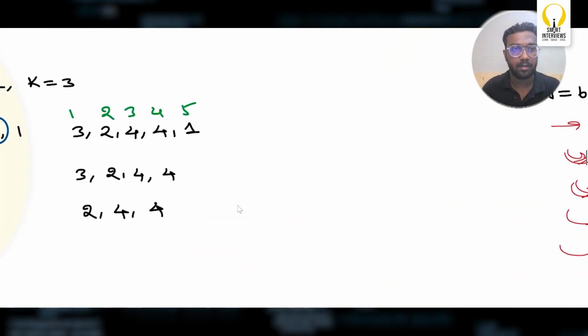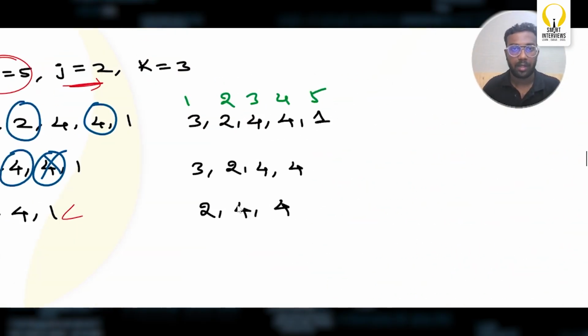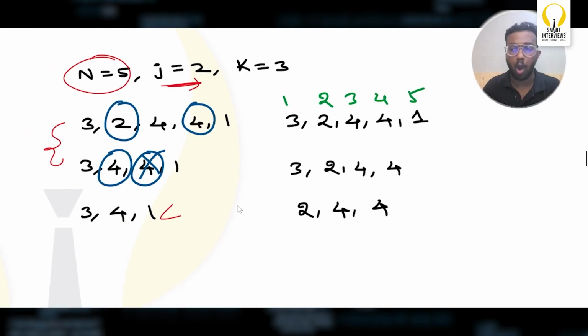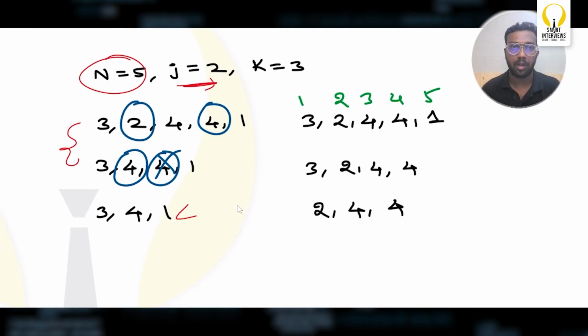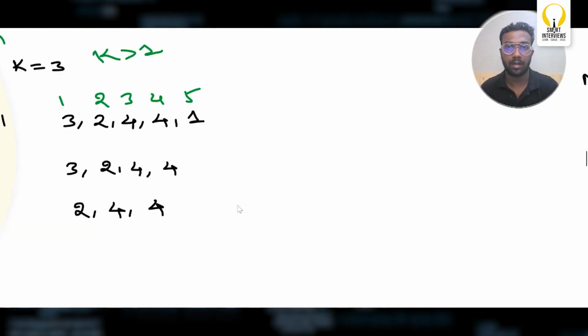And as you can see here, except for k equal to 1, in all the other conditions, that is, in all the other conditions k greater than 1, we will be able to take the element j till that point, right?